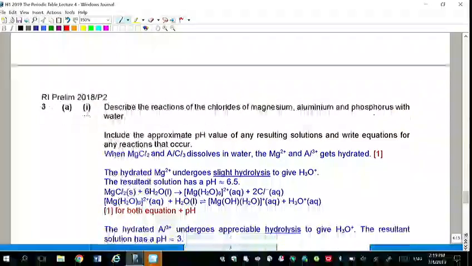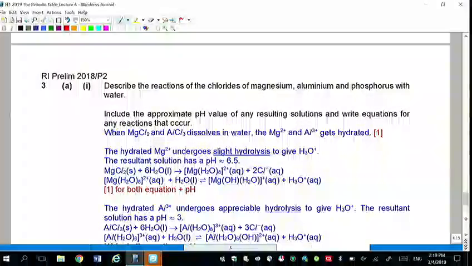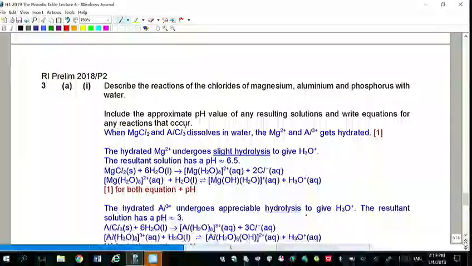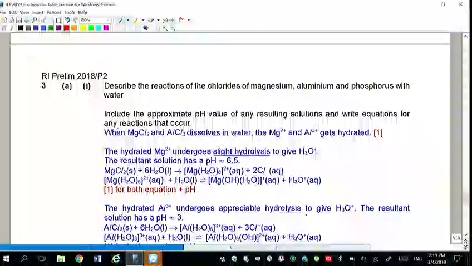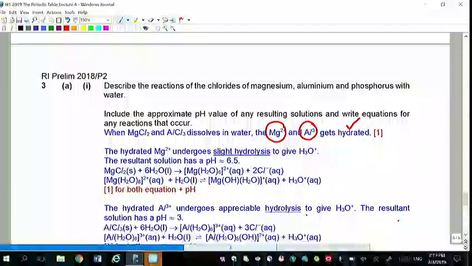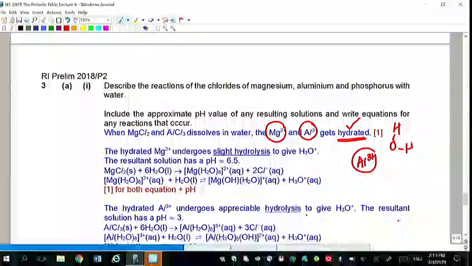First, some keywords you need to take note of: for MgCl2 and AlCl3, what happens is that the Mg2+ and the Al3+ get hydrated. The first step is to get hydrated. Hydrated means that the Al3+ will be surrounded by water molecules by ion-dipole interaction.